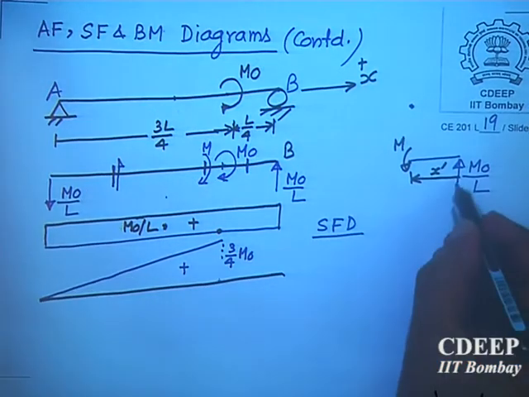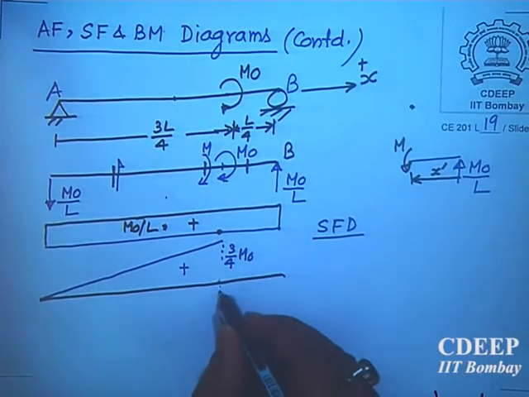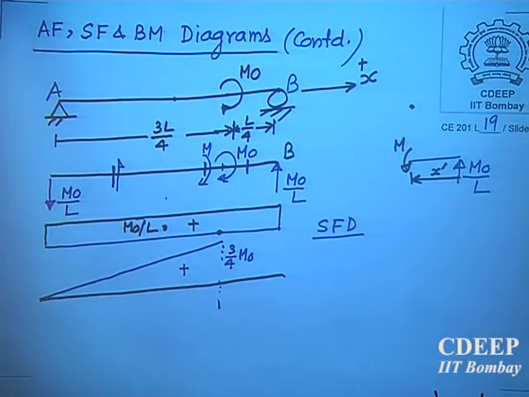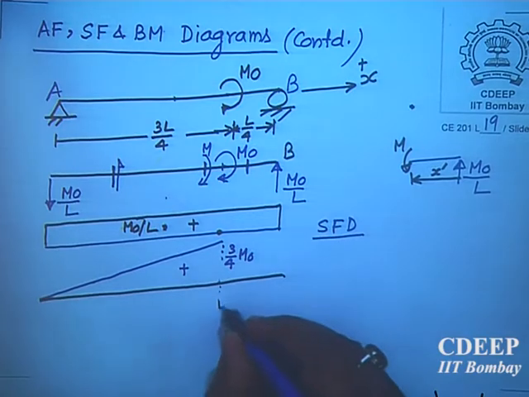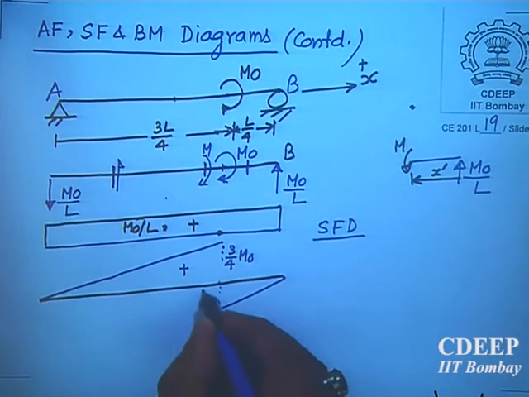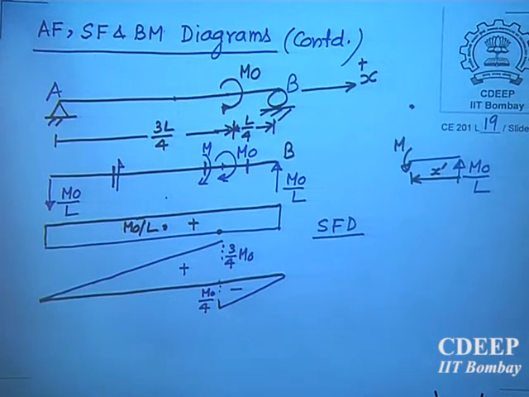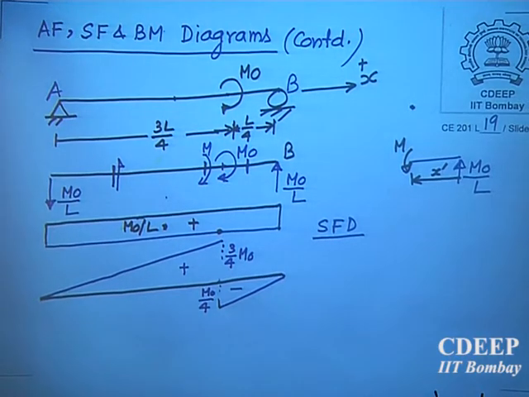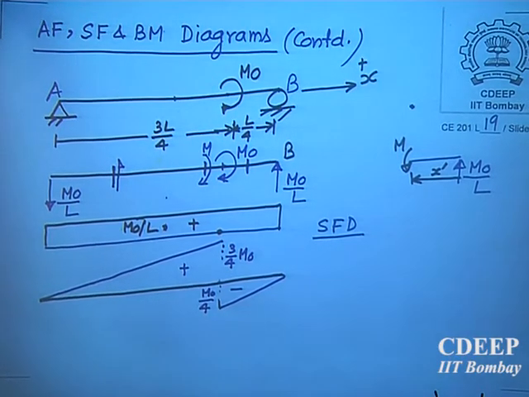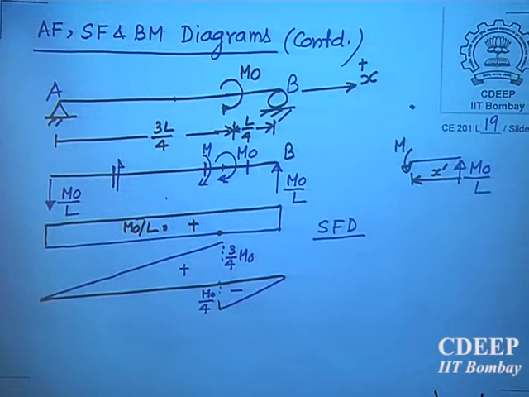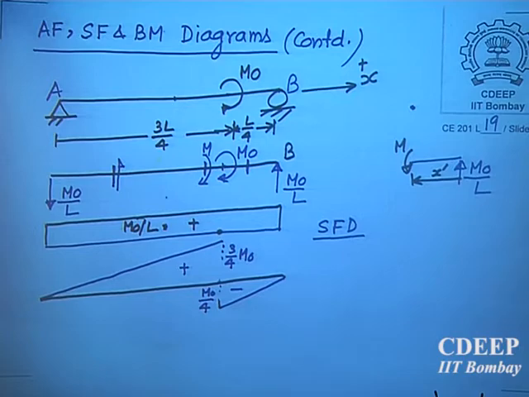So it will become negative, and this one will be M naught by 4, negative. So there will be a change in the bending moment diagram, that is all. Nothing else. Reactions will remain the same.